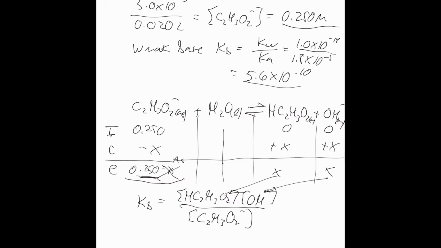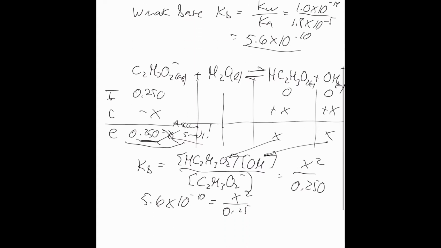We're going to assume it's small. So this would be x squared over 0.25. And the Kb on that was 5.6 times 10 to the minus 10 equals x squared over 0.25.